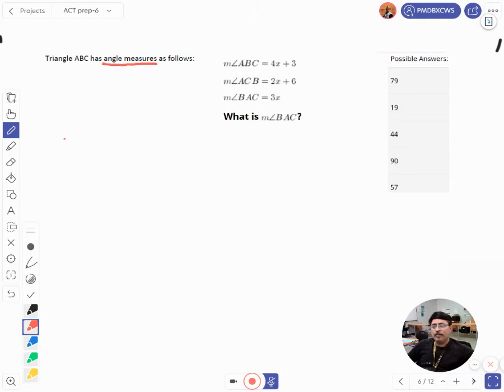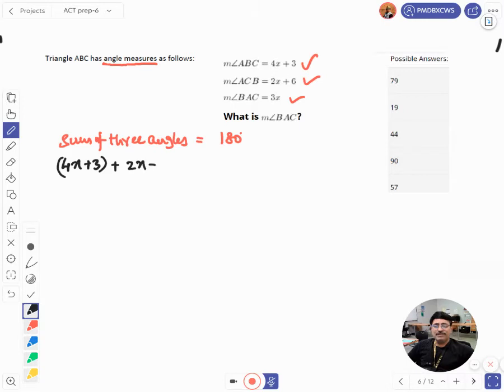I hope you remember that the sum of the three angles of a triangle equals 180 degrees. Therefore, the first angle is 4x plus 3, the second angle is 2x plus 6, the third angle is 3x. These all together make 180.